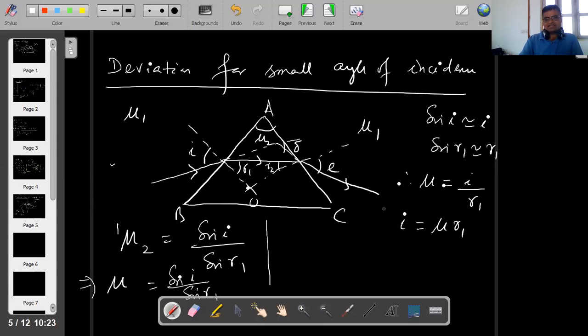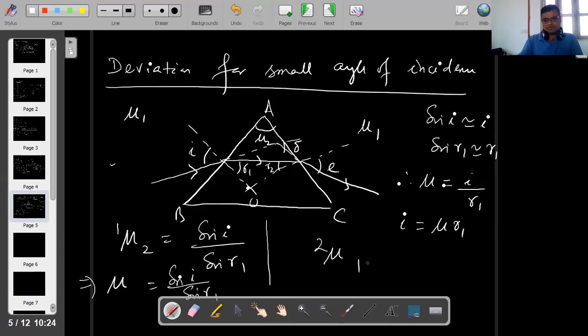Similarly, applying Snell's law for the refraction of light through face AC, what is that? Mu 2 to 1, because light is traveling from the second medium to the first medium.